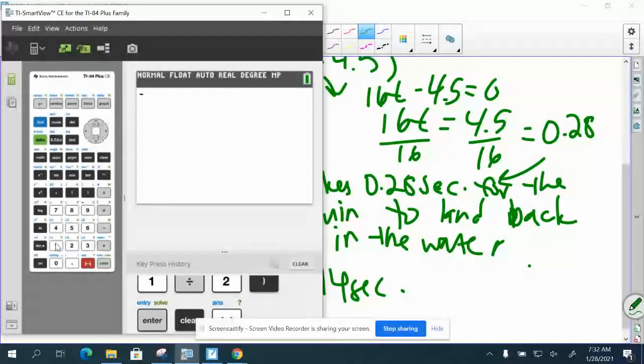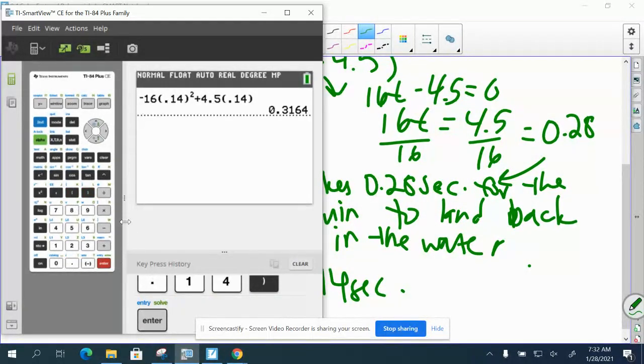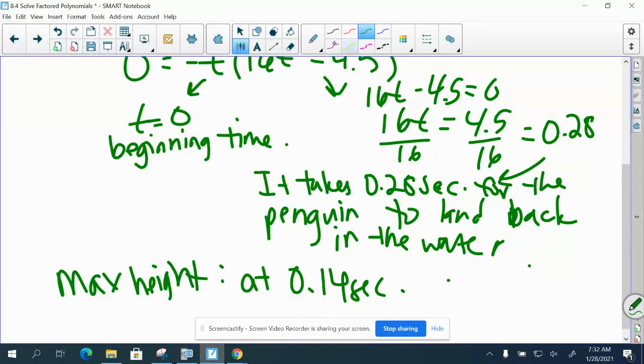You just go negative 16 times 0.14 squared plus 4.5 times 0.14. The penguin's maximum height is 0.3164 feet.